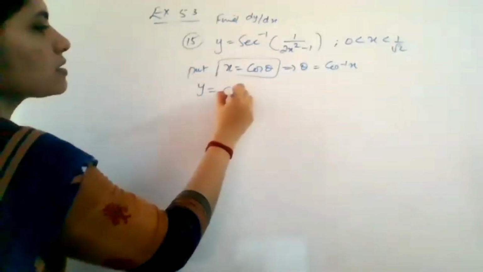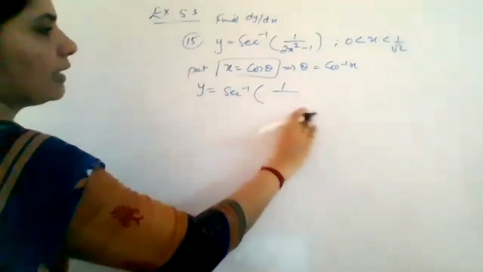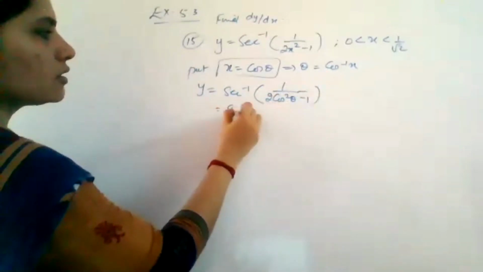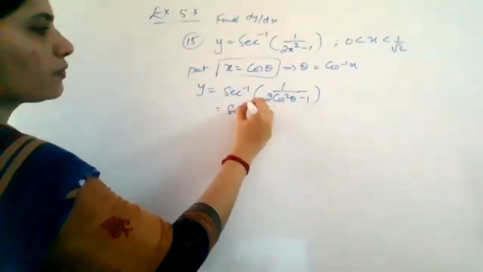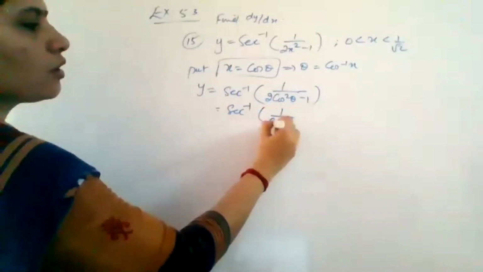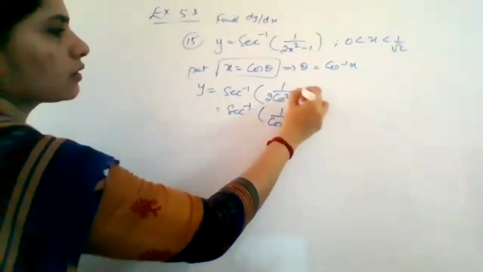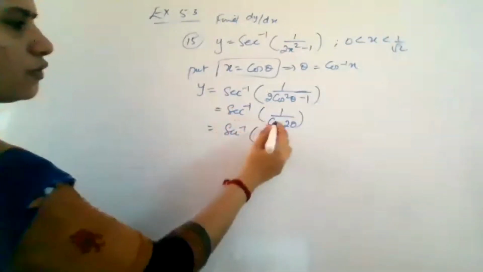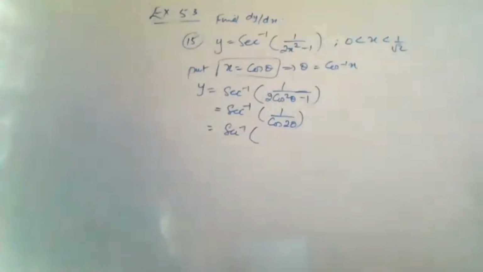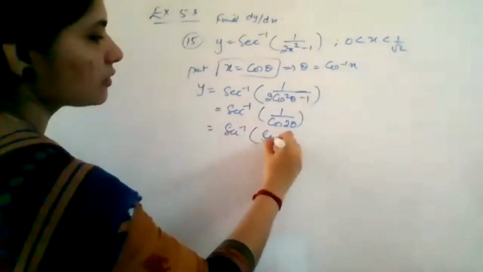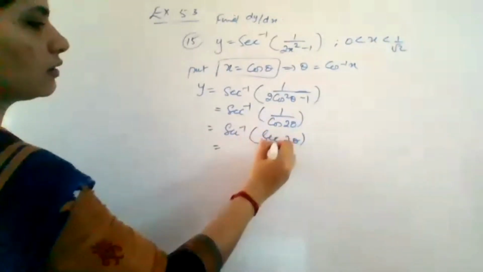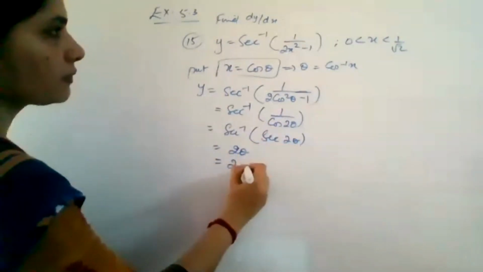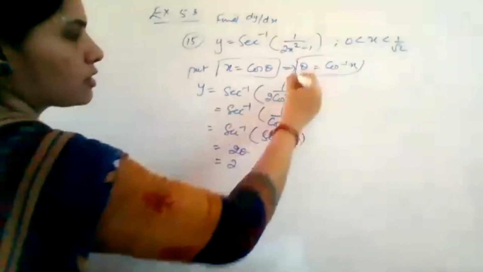So your y becomes sec inverse of 1 by 2 cos square theta minus 1, equal to sec inverse of 1 by cos 2 theta. Again, what is 1 by cos? Sec 2 theta. So this will give you 2 theta. What is theta? Theta is cos inverse x.